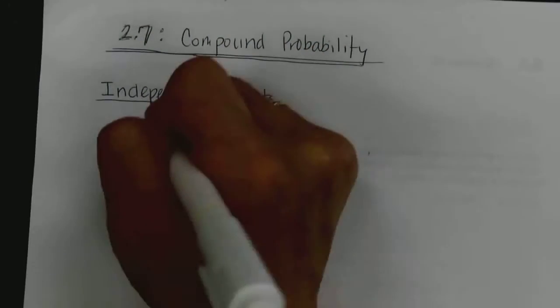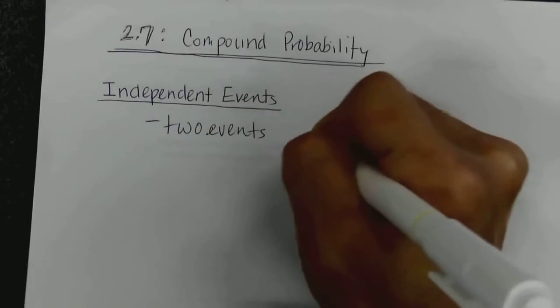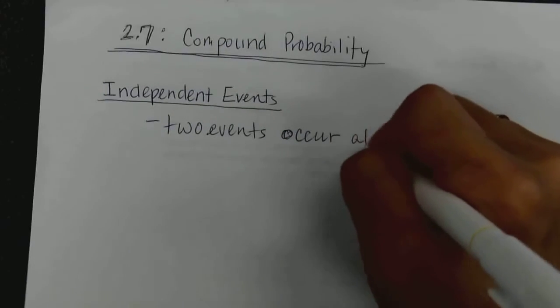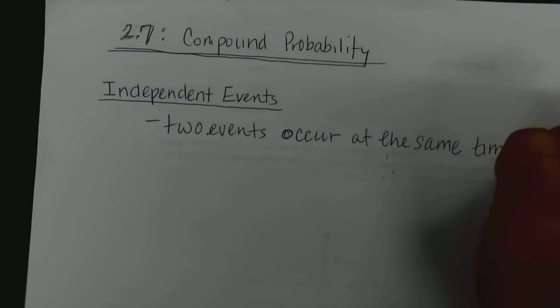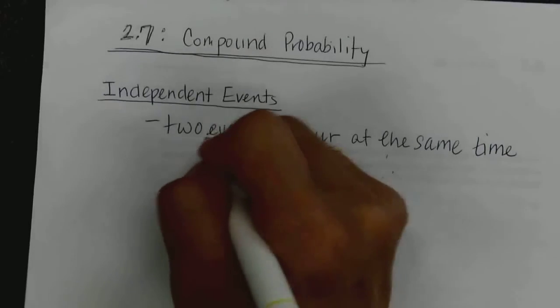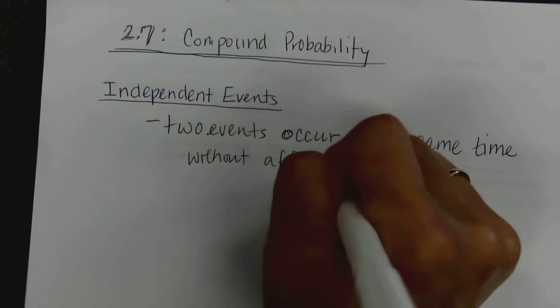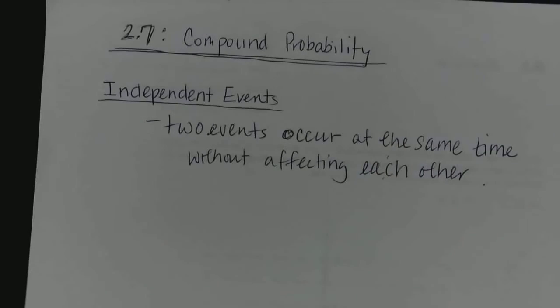That means two events occur at the same time without affecting each other. So if I roll two dice, one would not affect the other of what you roll, right?